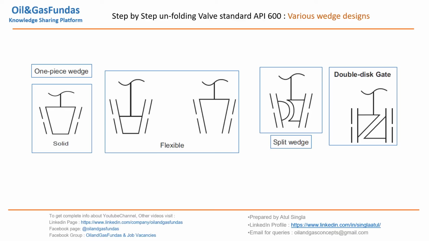Based on the application, a solid, flexible, split, or double disc gate wedge can be used. Now let us see in detail how each wedge can be used, what their benefits are, and how we can use them in different applications.